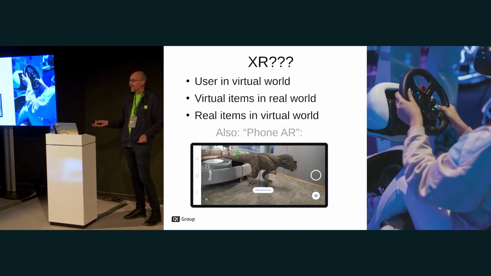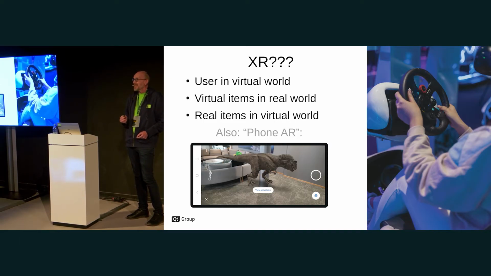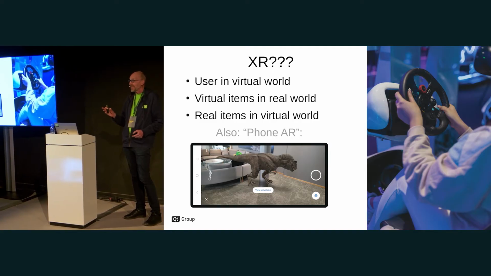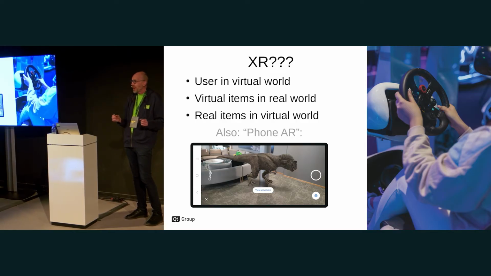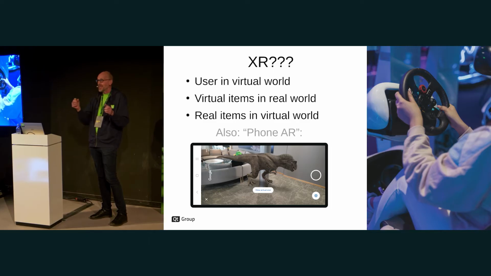That's augmented reality or AR. There's another aspect, which is taking a real object and mirroring it in the virtual world. Prime example is having a real steering wheel in a driving simulator. If you've ever tried that, you know that's an immensely immersive feeling that you feel with your hands what you see in the virtual world.